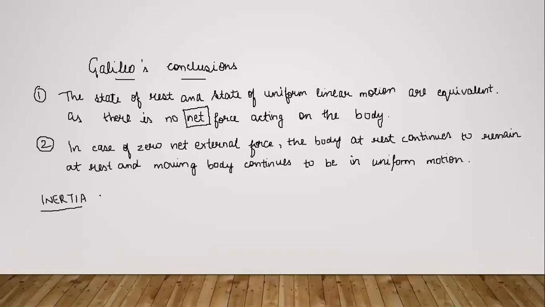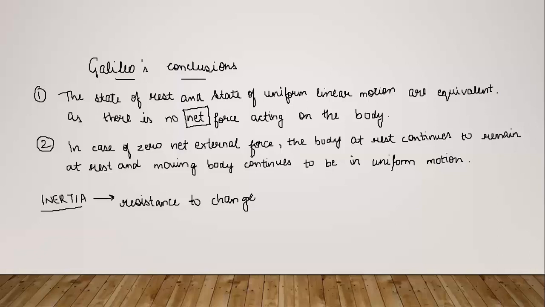This property of the body we call inertia. In simple words, inertia means resistance to change. Resistance to change means it does not want to change its state. It tries to maintain that state of the body.